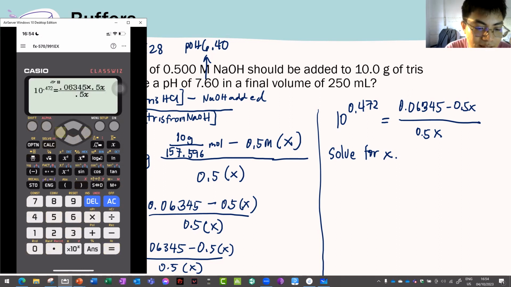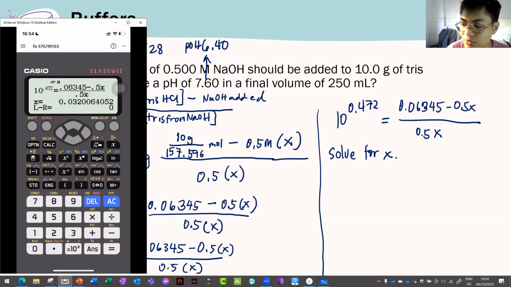Minus, sorry. 0.06345 minus 0.5x. So let's press shift solve. There, that's the answer.